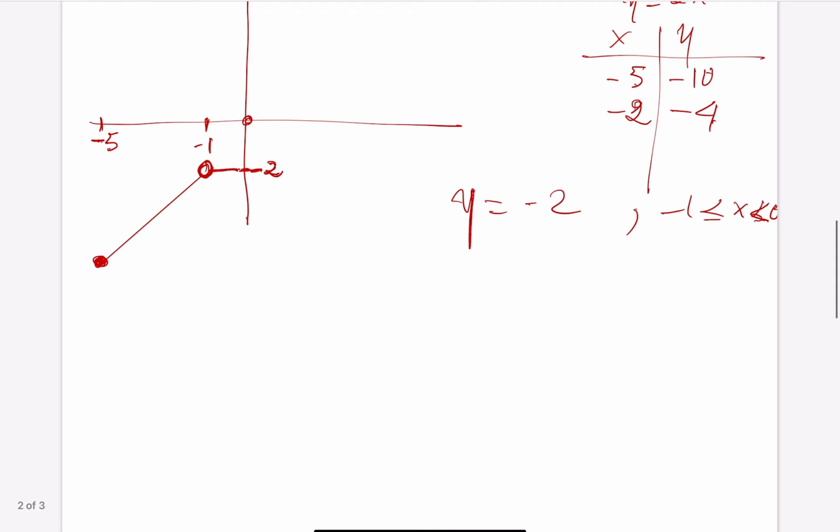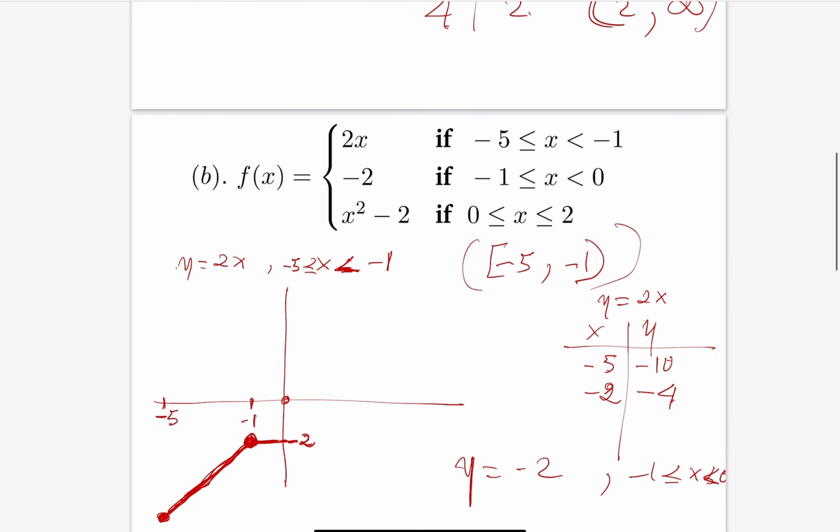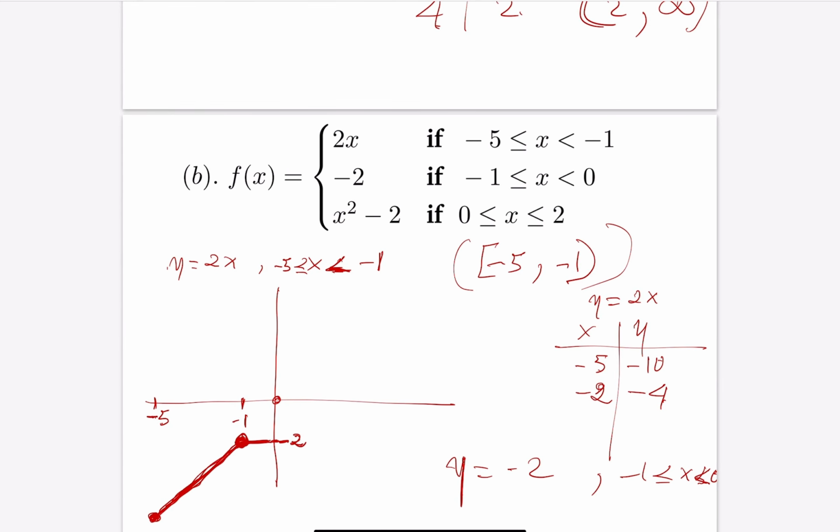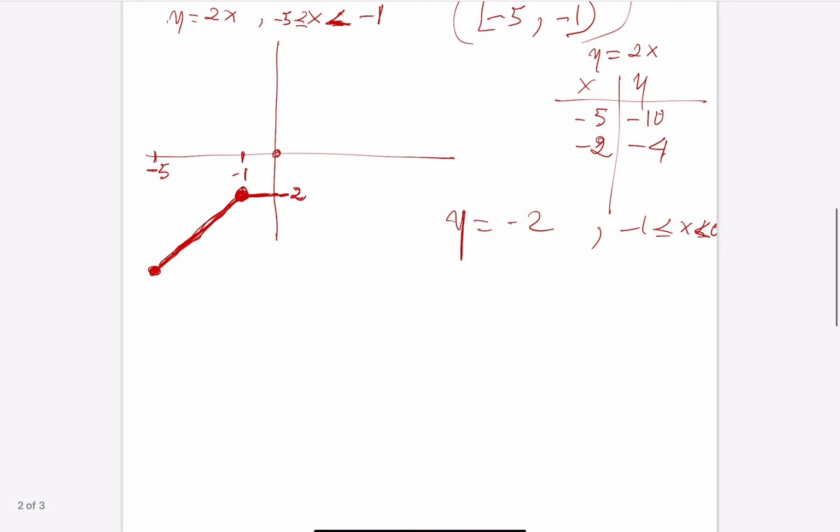Here it has to be closed, a solid circle, because the first one was open because of this one, and the second one is closed. From here to here, you have negative 2.